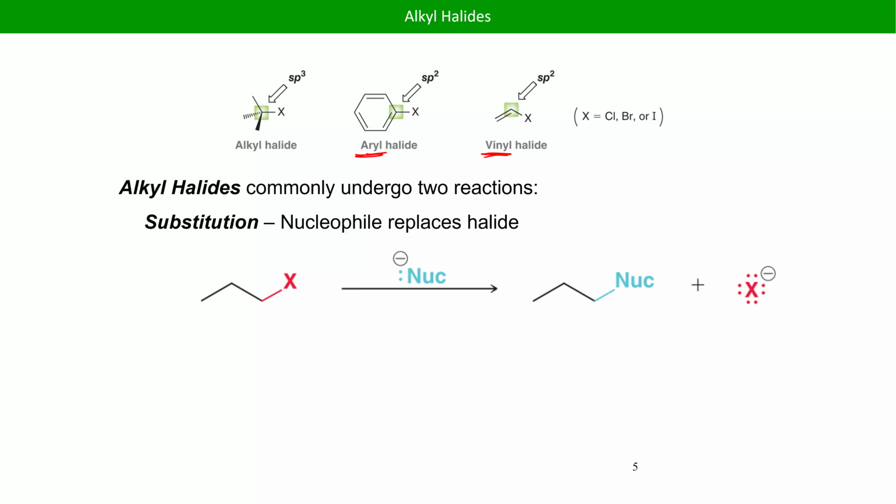Yeah, it means it's good at attacking positive charges, right? Yeah. That's what nucleophile means. So something that is really electronegative is gonna have a partial negative or a full negative charge, which means it's gonna be more attracted to a positive charge. It means it's good at attacking positive charges.